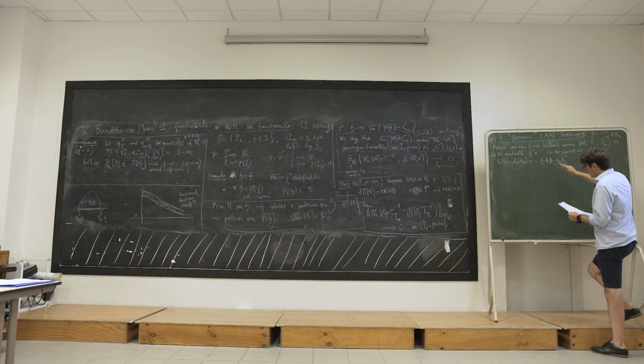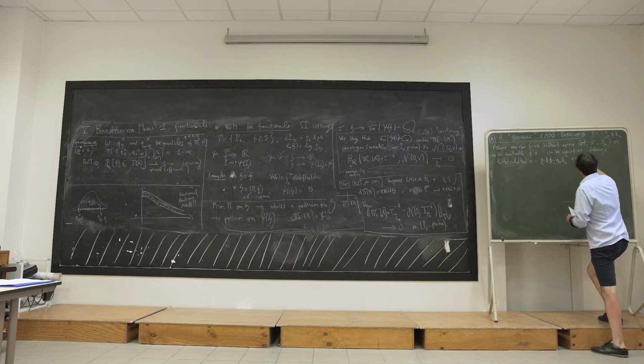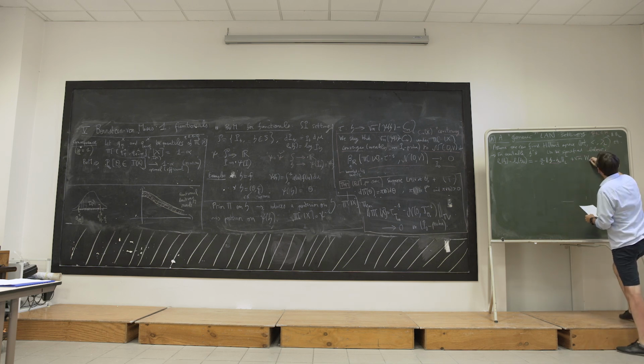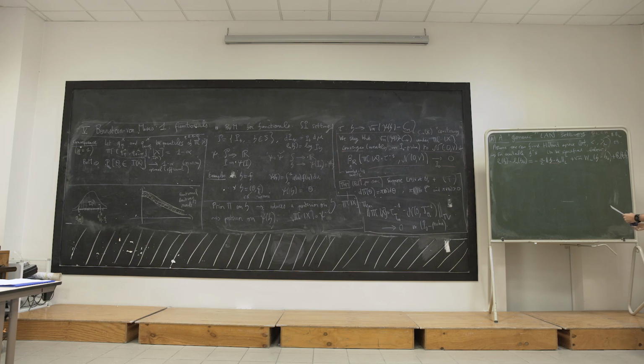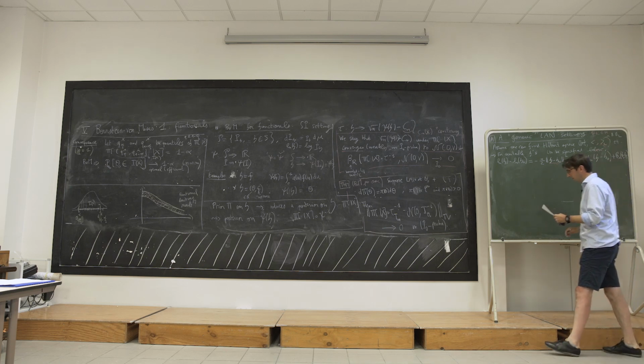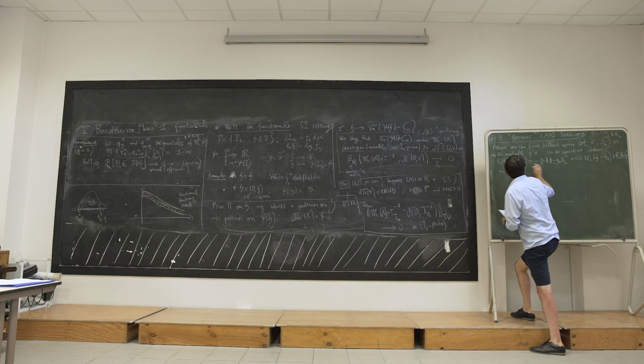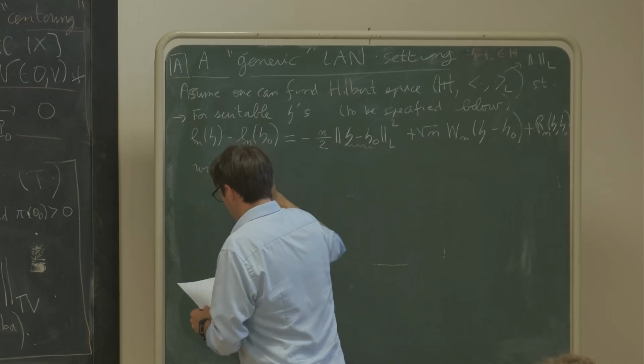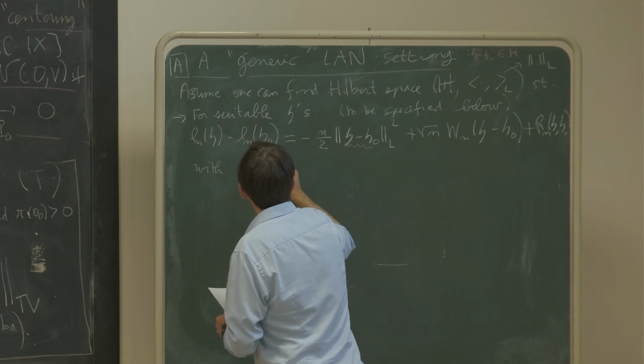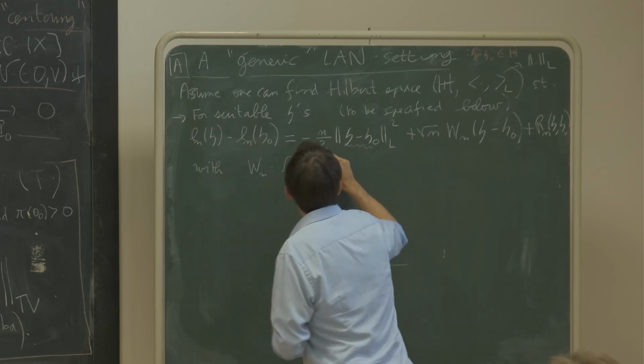Okay, so this is the quadratic part, and then the stochastic part, W_n(eta minus eta 0), plus some remainder R_n(eta 0). For now, it's just a notation. Apart from this, I didn't assume anything. The assumption will come. So here, I have to say what this W means. This will be a random map, and I assume it's linear.